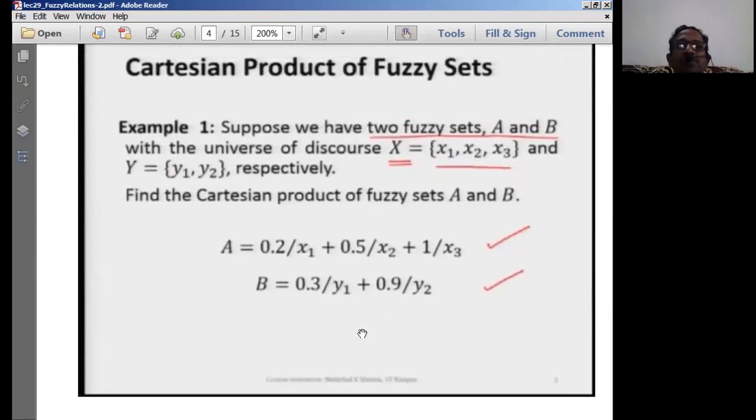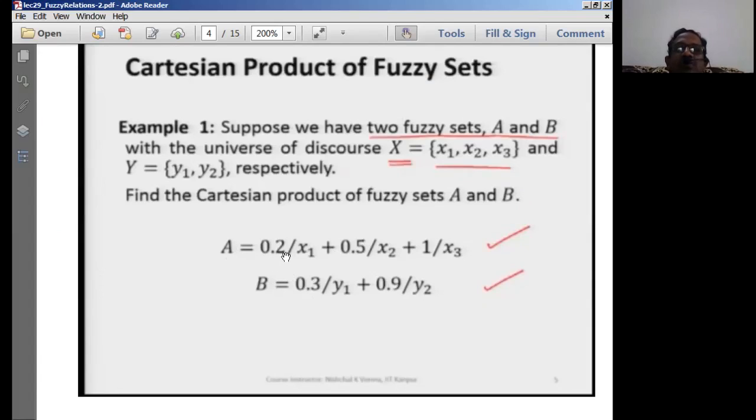So we'll take an example, once again the same example, of discrete fuzzy sets. We'll consider A and B to be discrete fuzzy sets, where x1, x2, x3 are going to be the universe of discourse for X, and y1, y2 are going to be the universe of discourse for capital Y. And we can define the fuzzy sets A and B as something like this.